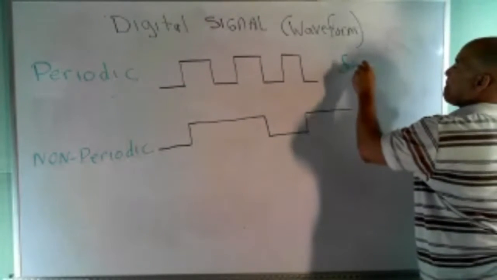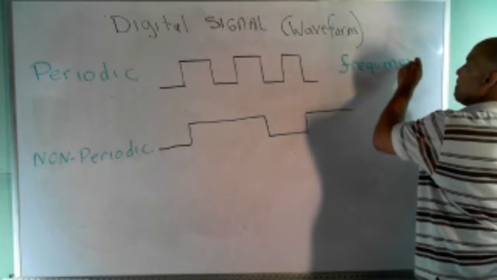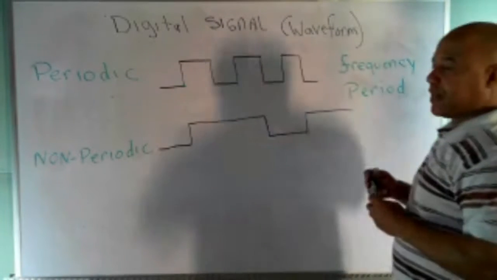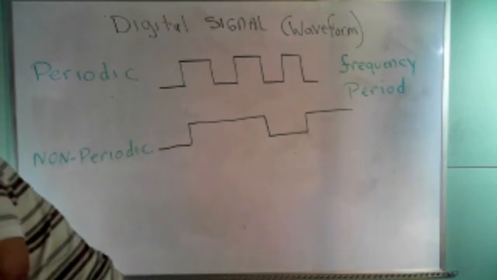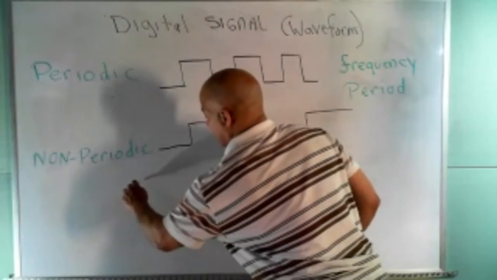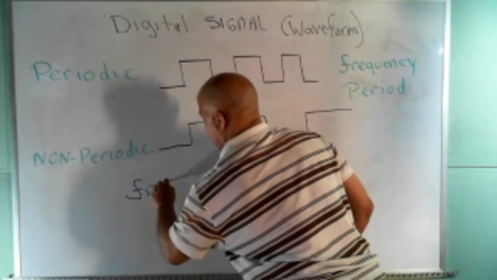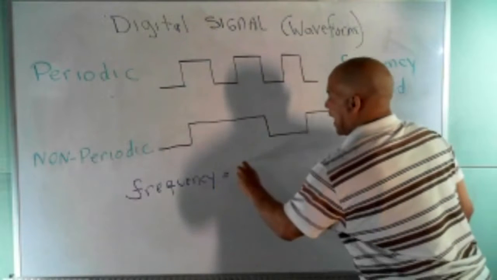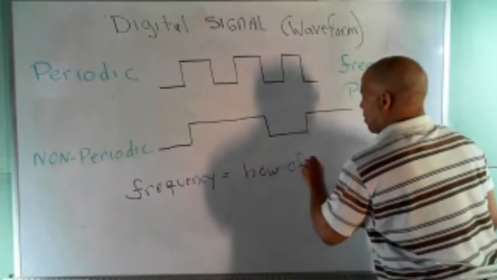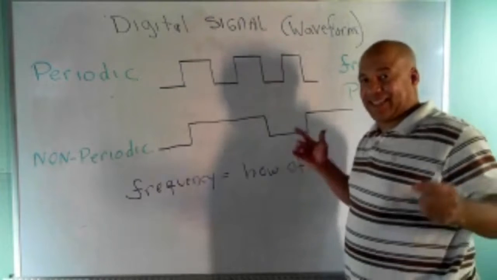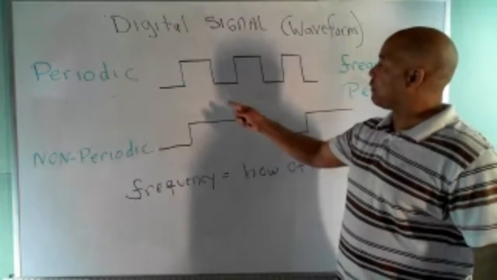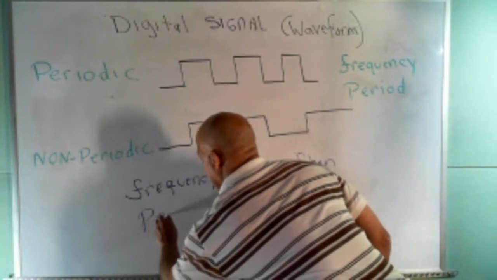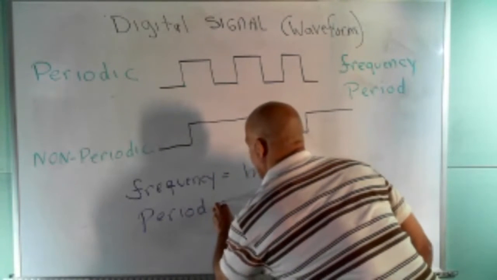The periodic waveform has two things that are important that we want to talk about: frequency and period. Frequency is how often. In the time span of one second, how often does this thing repeat itself? And period is how long.